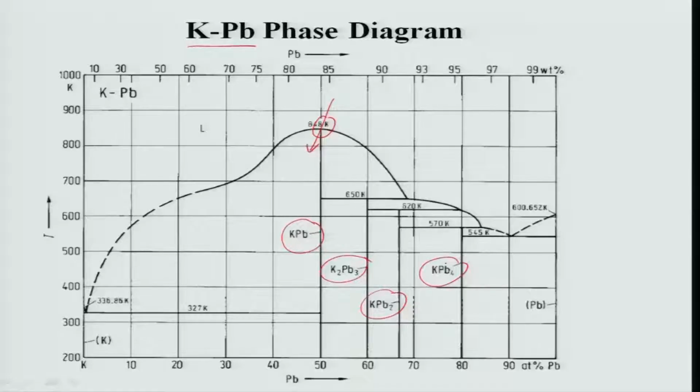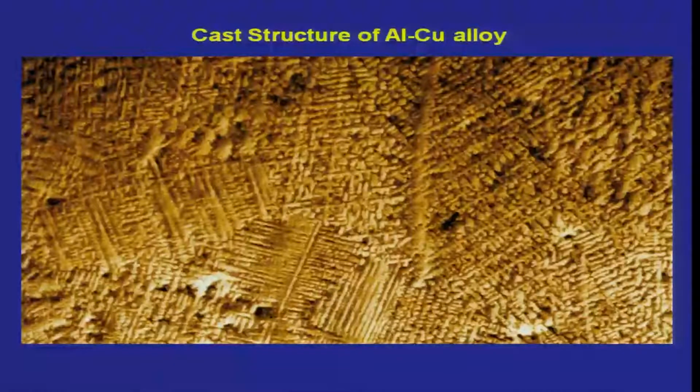Okay, so before I go back into solid state reaction, another thing I want to talk to you about is dendrites. I have talked to you about dendrites many times, but I never discussed them properly, and I thought it is important for you to know about dendrites and their morphologies. Dendrites are ubiquitous in solidified structures.